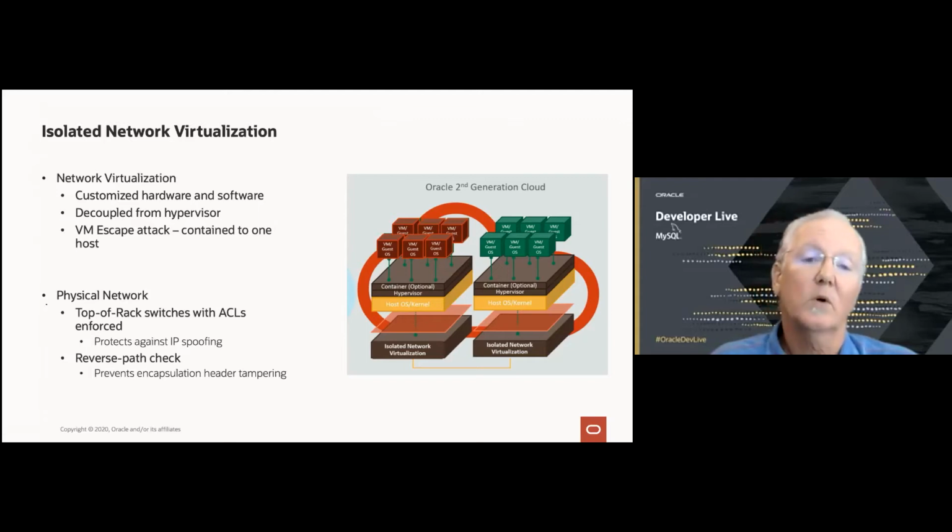With our Oracle Cloud, we reduce this risk by decoupling the hypervisor and the network virtualization from each other. So this isolated network virtualization reduces the risk by really eliminating the attack surface, right? And that limits your risks a great deal.